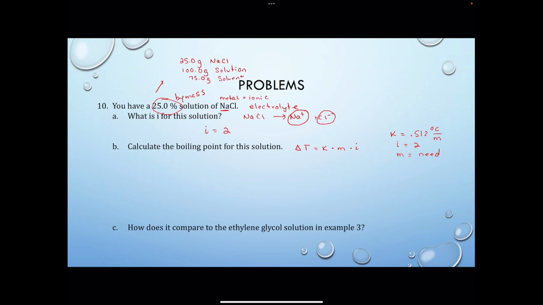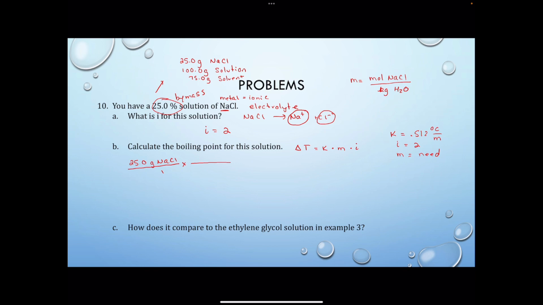So for molality, that's going to be moles of our solute per kilogram of our solvent, so per kilogram of water.